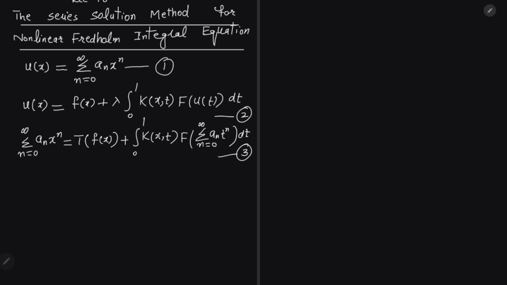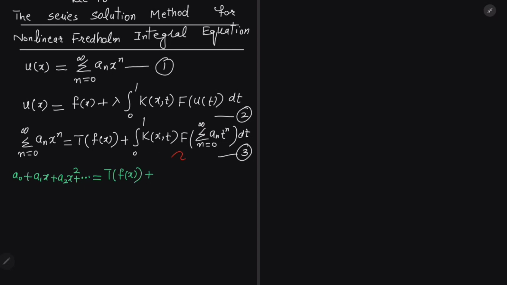So we expand the series. On the left hand side, we can write a0 plus a1 x plus a2 x square, and so on. On the right hand side, we have the Taylor series of the non-homogeneous function.